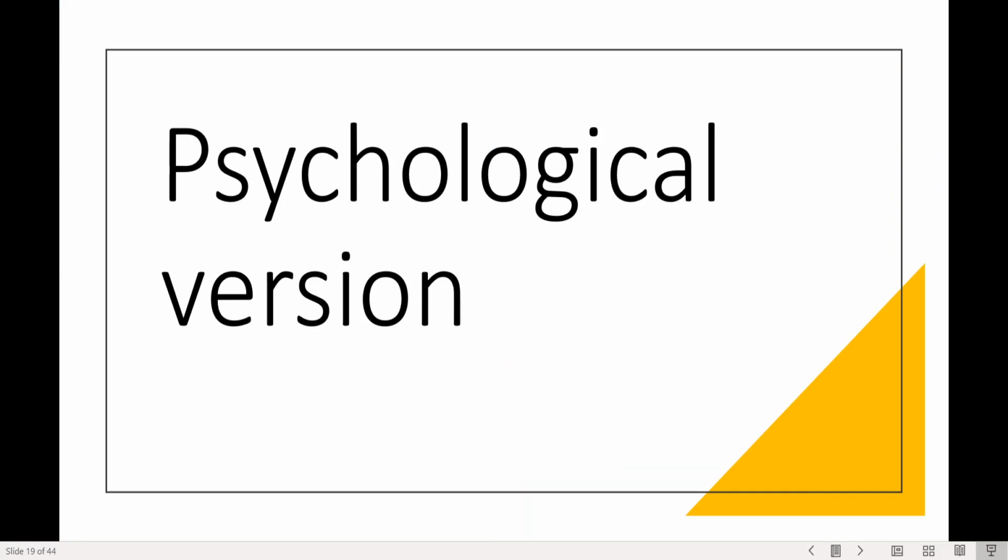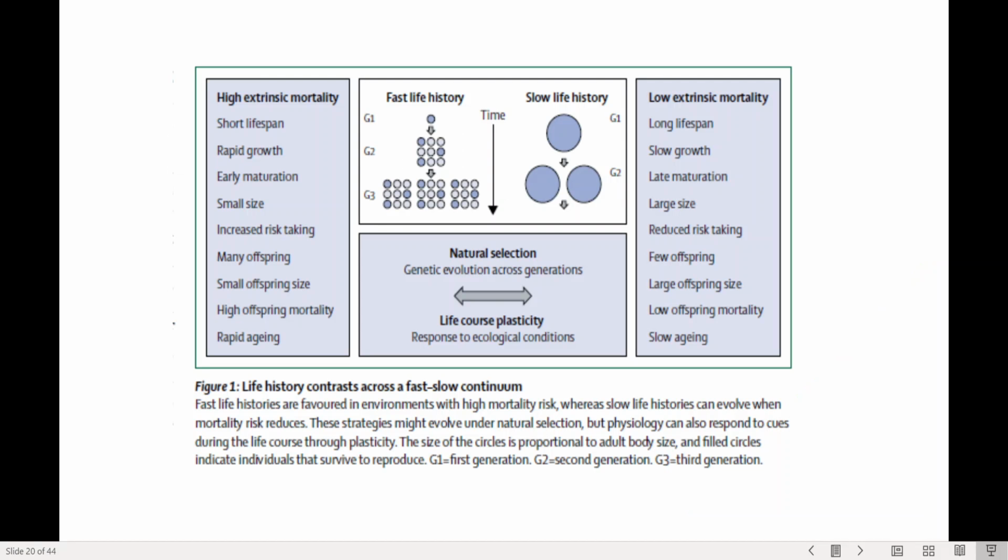In psychology, people have started taking a slightly different perspective. We still have the trade-offs, we still have the idea of limited energy that needs to be distributed, but now the idea is that change happens over the lifetime of an individual, and depending on the environment that an individual is in, different strategies for the individual become more or less adaptive.